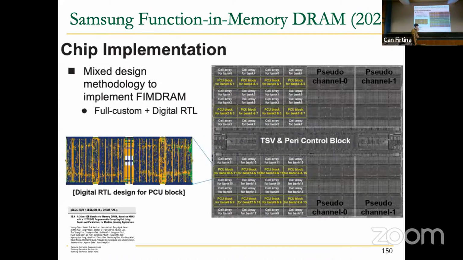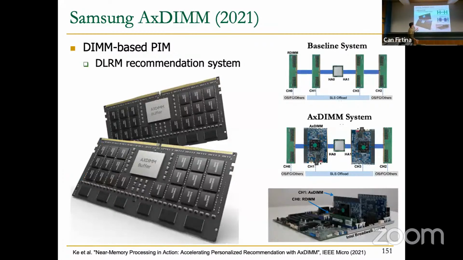This is the picture you saw earlier. And this is another, completely different proposal from Samsung. Here, instead of modifying the DRAM chip, instead of modifying these layers of the HBM memory to place compute units there, what they did was change the design of the DIMM, or at least the design of the buffer that some DIMMs have, in order to include some reconfigurable hardware, for example an FPGA.